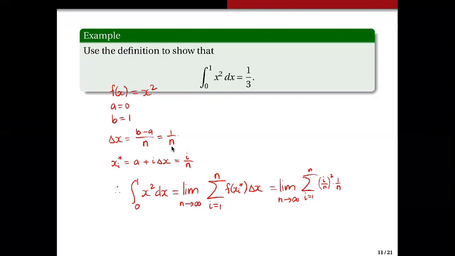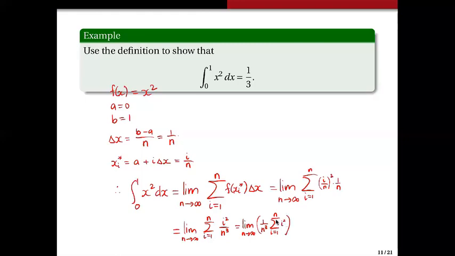So let's continue solving this. This is equal to the limit as n approaches plus infinity of the sum, i from 1 up to n, where here you have i squared and here you have n squared times n, so this becomes n cubed. n here is a constant, so it can go out. So the limit as n approaches plus infinity of 1 over n cubed times the sum, i from 1 up to n of i squared.